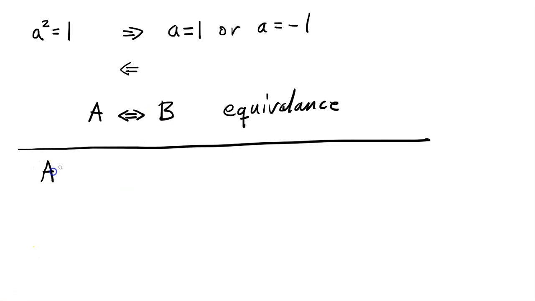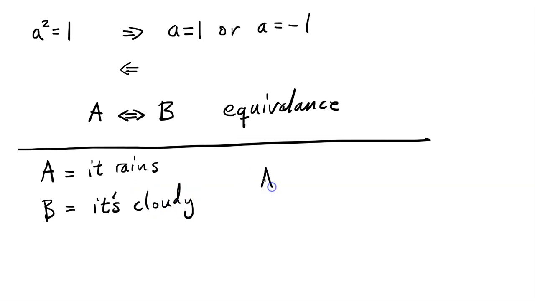Note that if you have, for example, A, it rains, and B, it's cloudy, then we have that A implies B, but B does not imply A. But what is the case actually is that we have this: not B actually implies not A. And that's not just particular for these two examples.